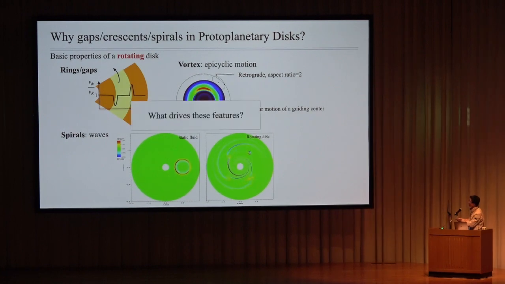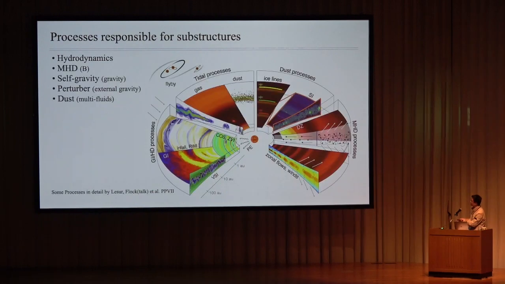The more fundamental question is what drives these perturbations in disks. Since PP6, the number of theories to produce these spirals or these features has also exploded. But overall, we could categorize them into 5 categories.